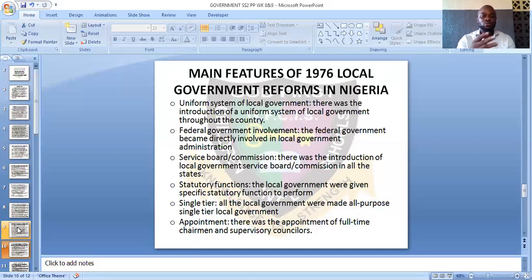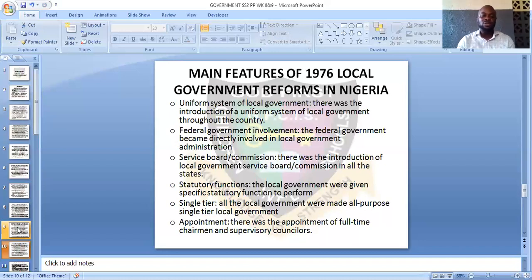That is one of the ones I mentioned in the other slide, by saying that they maintain primary school education, primary health care, and many other functions which were put in their care. Another one was that it was seen as a single tier, that is, all the local governments were made all-purpose single tier local governments.